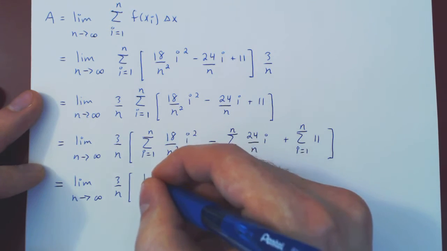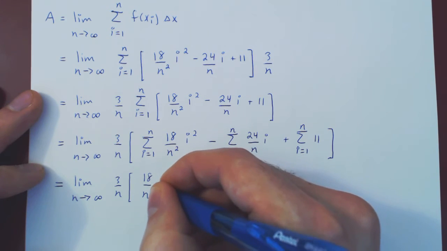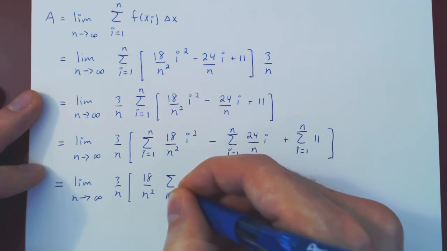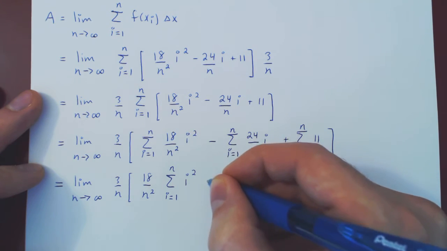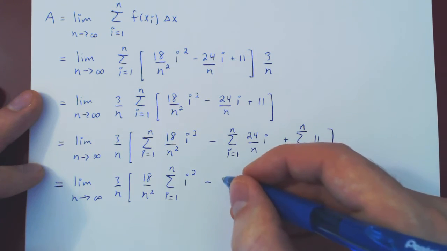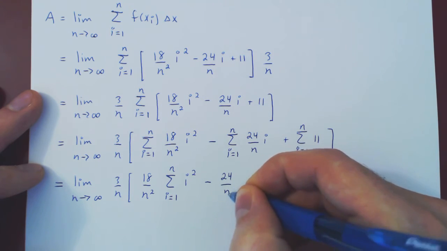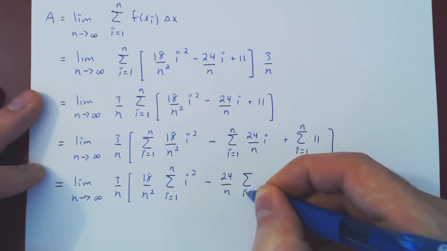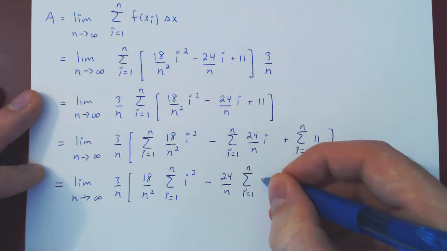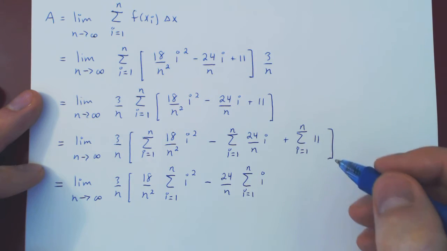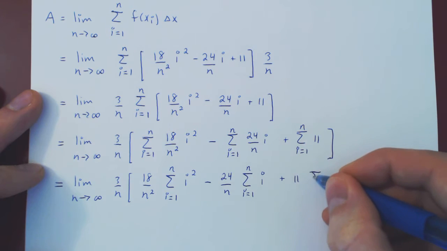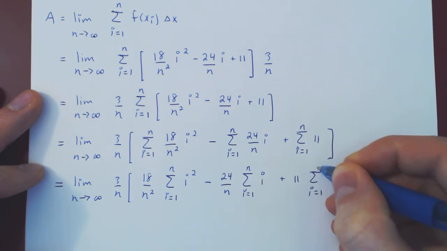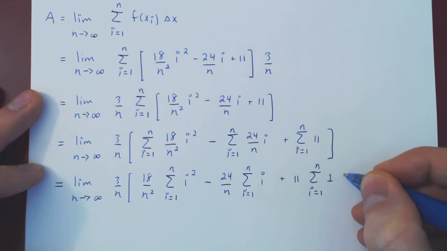Pulling this out. Pulling this out. Pulling 11 again, as I've said, 11 times 1 gives us 11 times the sum, i going from 1 to n of 1.